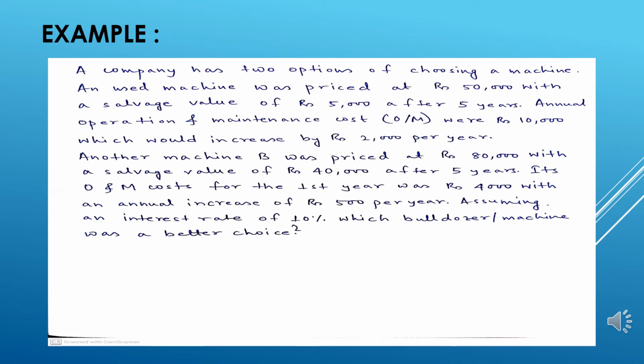Another machine B was priced at rupees 80,000 with a salvage value of rupees 40,000 after 5 years. Its operations and maintenance cost for the first year was rupees 4,000 with an annual increase of rupees 500 per year. Assuming an interest rate of 10% per annum, which machine was a better choice for the organization? This is the question which has been given to us.